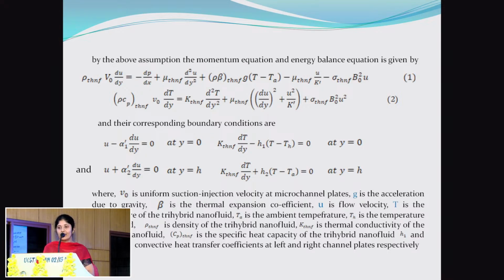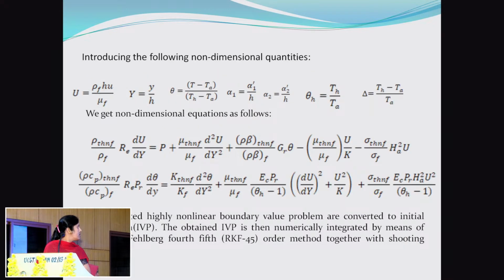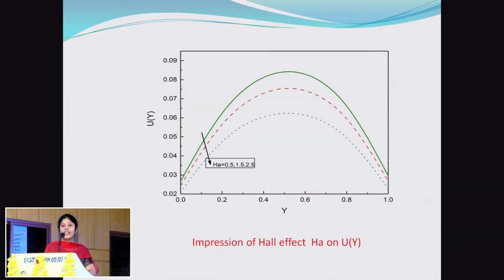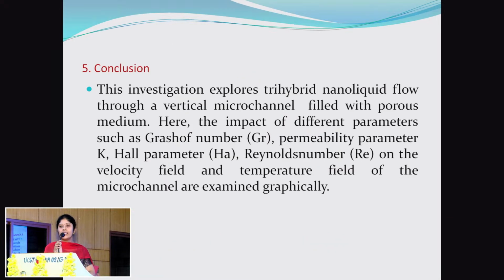Yes, sir. You go directly to the results. Here I have studied the velocity and thermal distribution by giving different values to the Grashof number, permeability parameter, Hall parameter, and Reynolds number. Velocity increases with the increase in Grashof number, permeability parameter, and Reynolds number.